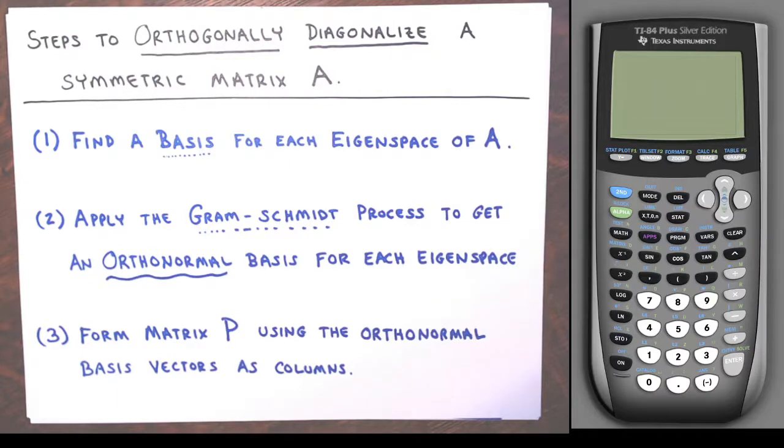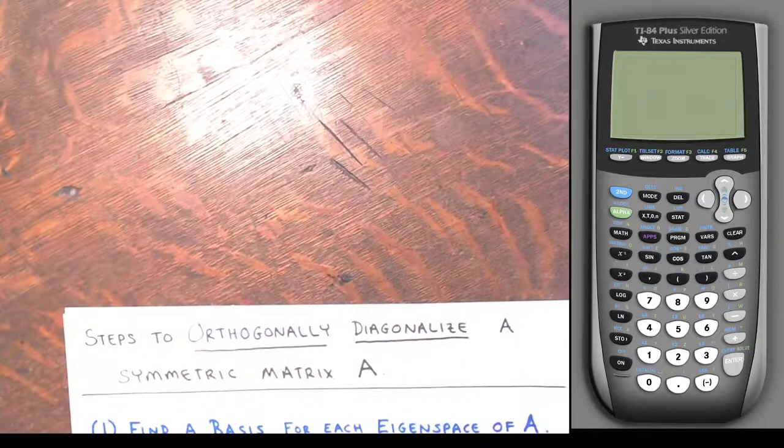Okay. So now the rest of the video is just me doing this, performing this procedure to orthogonally diagonalize a symmetric matrix. Well, first I want to determine whether or not the matrix is orthogonally diagonalizable.